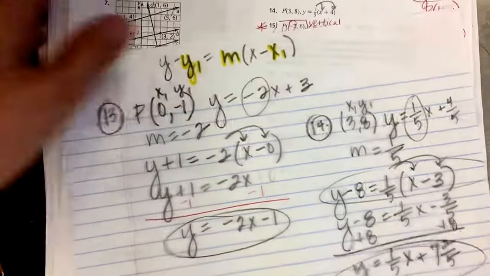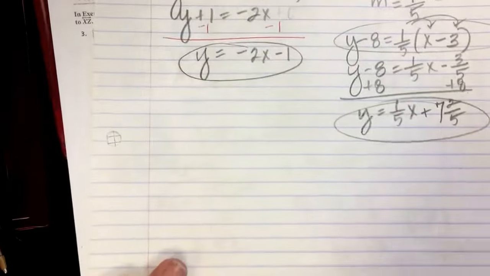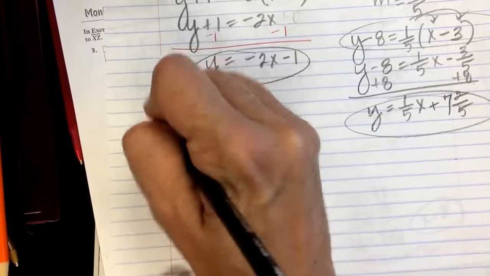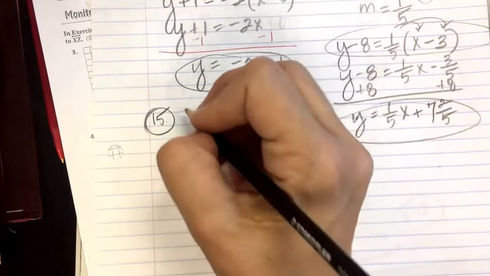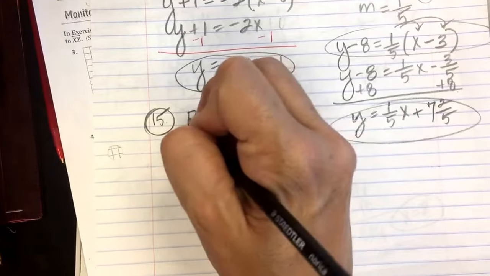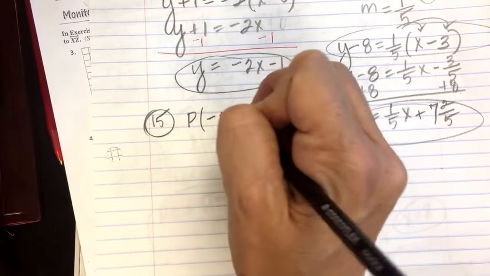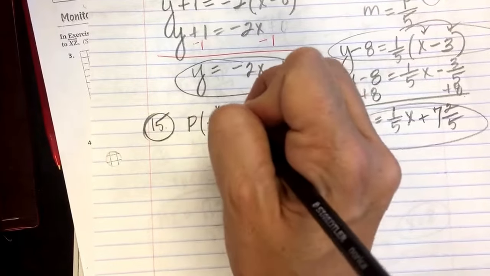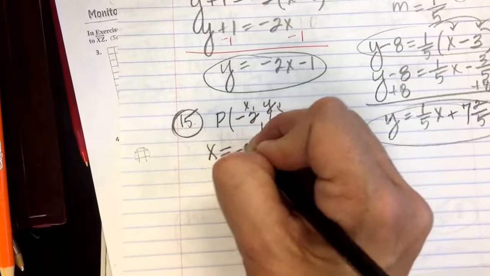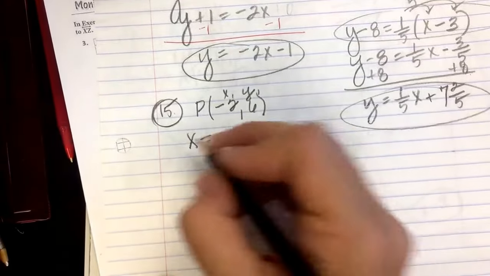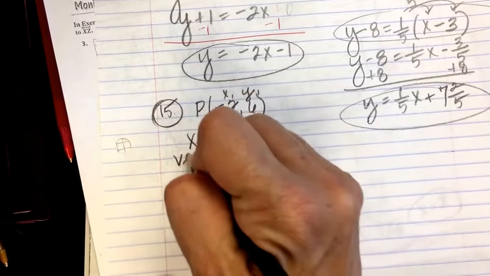15, we're still on the parallel. Oh, we talked about 15, at least in first hour. We talked about 15 yesterday. We have a point, the point is (-2, 6). That's an x and a y. Now it has to be parallel to the equation x equals -5. x equals -5 is the equation of a vertical line.